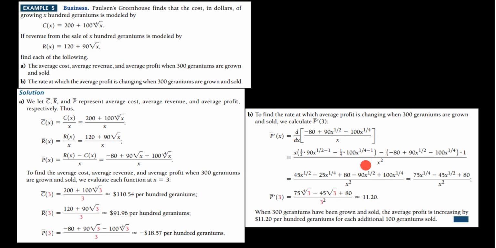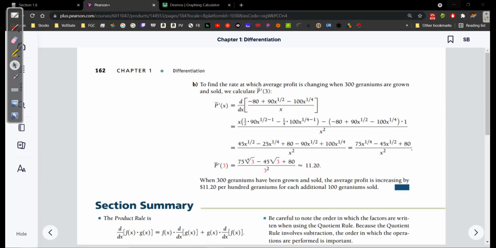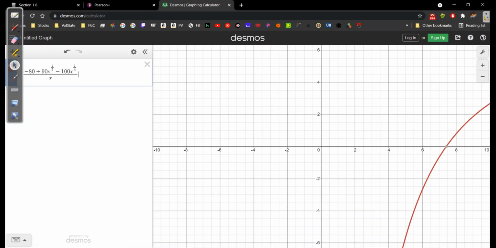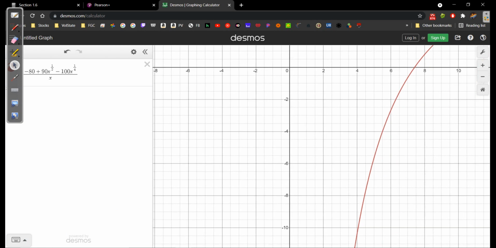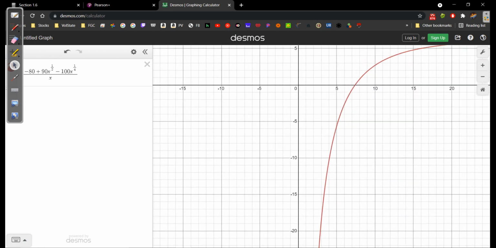And that's where a lot of calculus comes from, looking at graphs and reading graphs. That's what we're going to look at right here. If you recall, the problem was at 3, so at 300 geraniums, right here, close to 3.